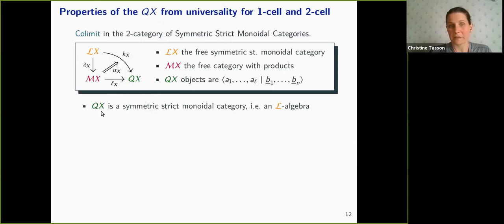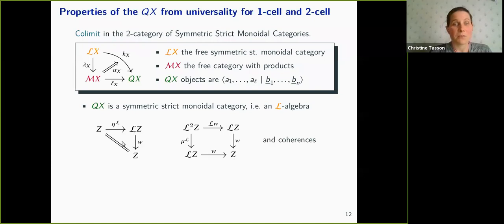That means in particular that Qx is a symmetric strict monoidal category, that is, it is an L algebra. An L algebra is a map from LZ to Z, which is compatible with the units and the multiplication plus some coherences.